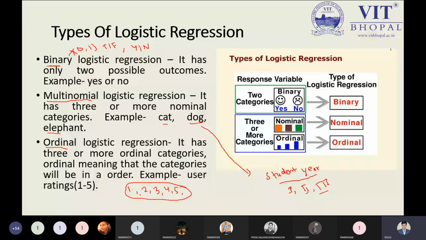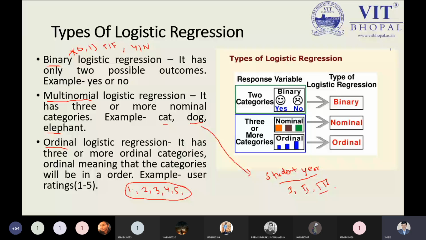I don't have an arbitrary order like 3, 2, 4, 5. So the representation can be identified as 1, 2, 3. This is identified as ordinal because it has an order: first, second, third. That is a good example.